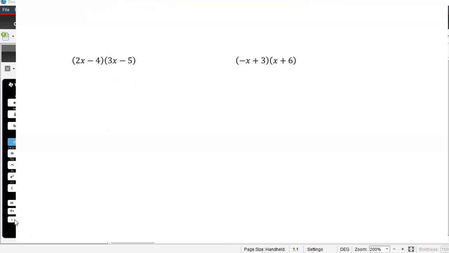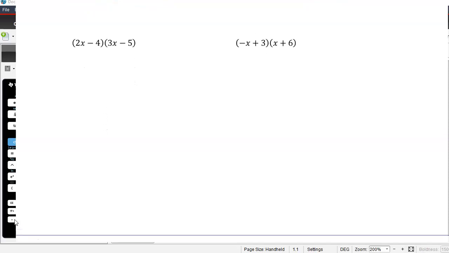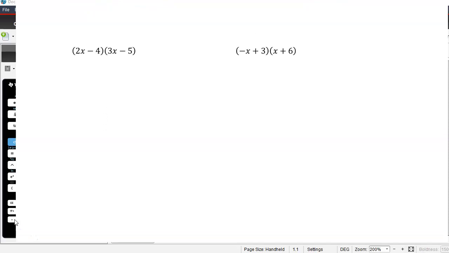Just a couple more. Okay, so now I've got 2x times by 3x, so that's 6x squared. 2x times by negative 5 is negative 10x.